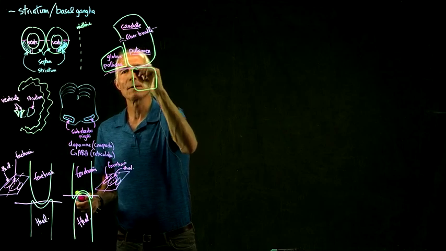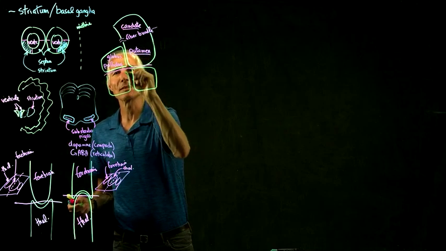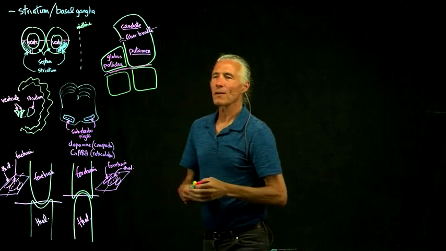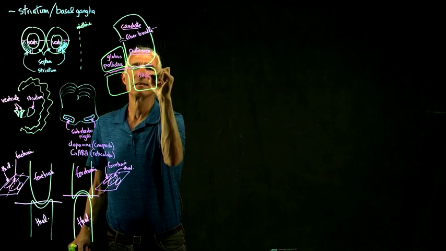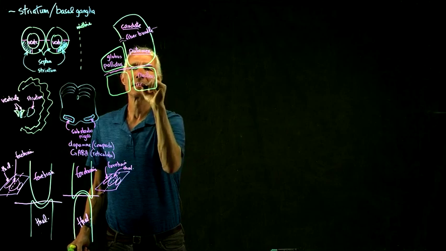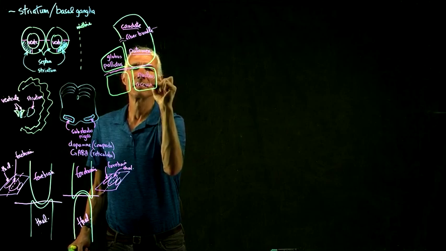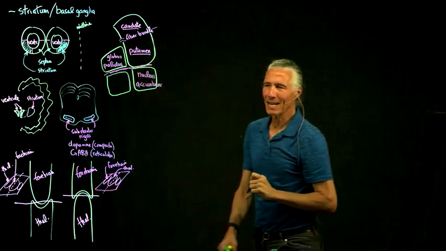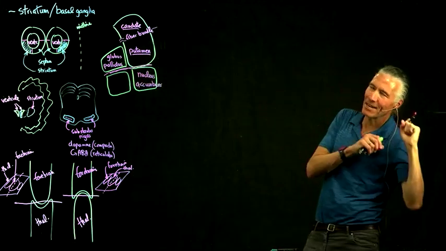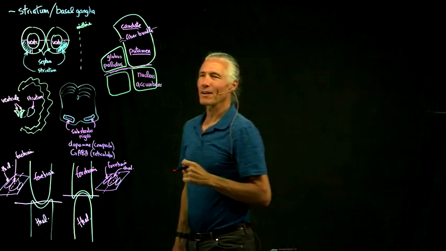They're smaller than this, but I'm drawing them big enough so I can put the names in them. And these are the nucleus accumbens. That's a great name. That means the reclining nucleus. So it's just reclining underneath the rest of the striatum.